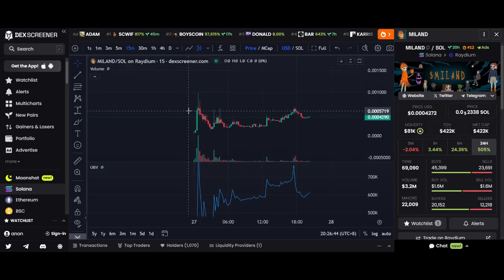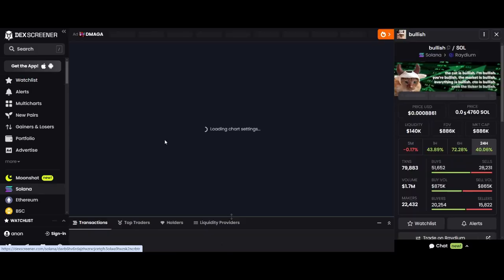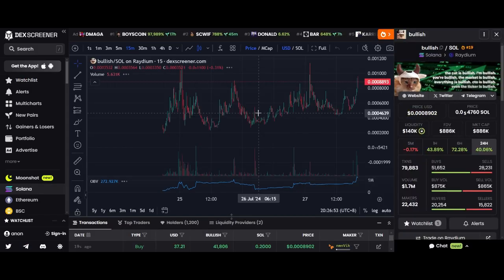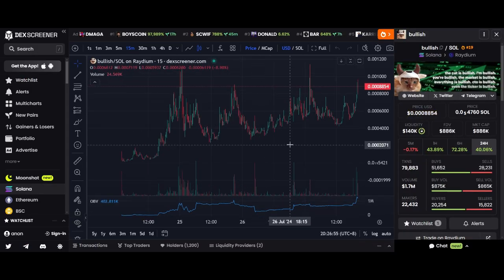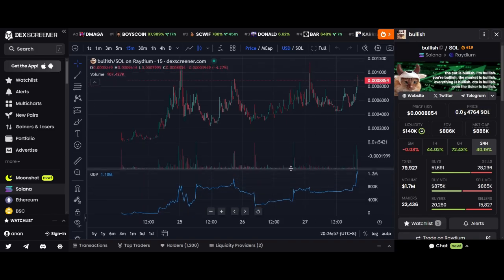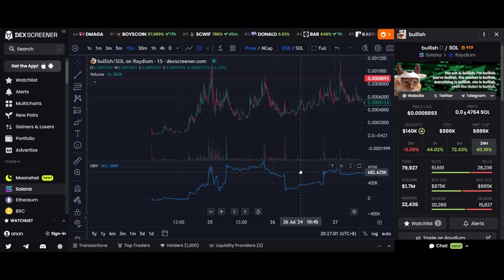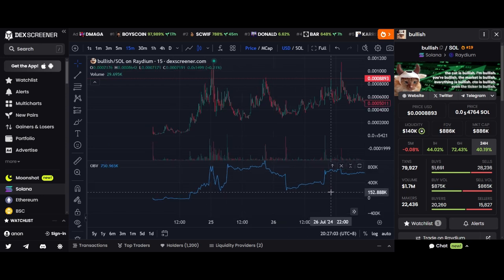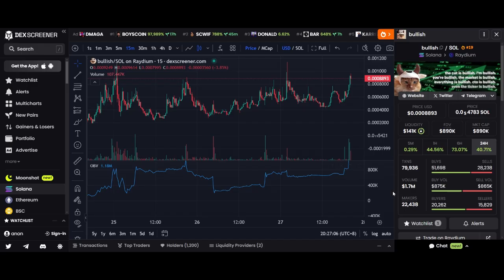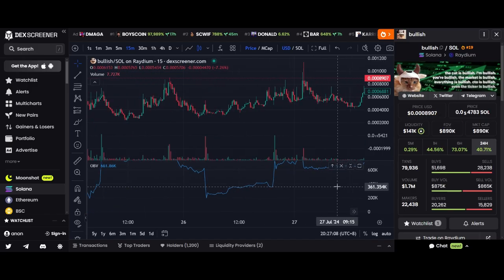So we will have a look at one more, which is, let's have a look here, Bullish, right? Now Bullish shows us, get rid of that, lift this up a bit. So Bullish has a couple examples of this, but we'll focus on this one just here.